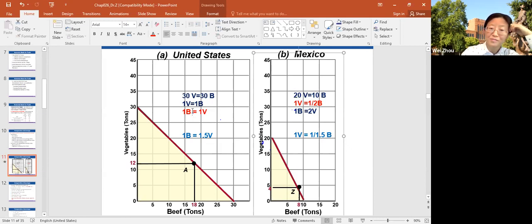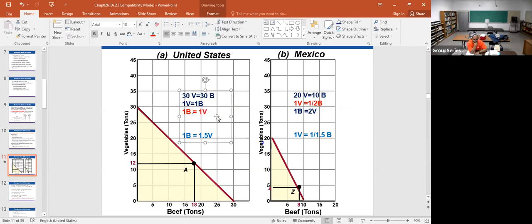So let's look at the beef. To make the beef, US needs to give up 1 unit of vegetable, but Mexico needs to give up 2 vegetables. So in that case, Mexico's opportunity cost on making beef is way higher than US, right? Yes.